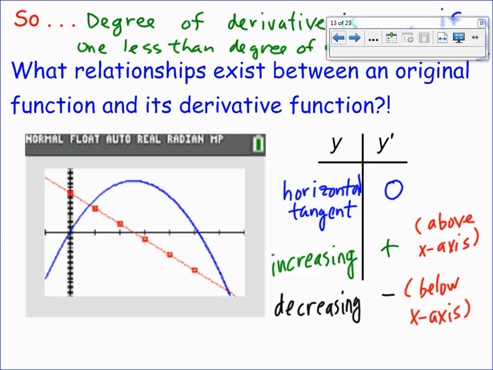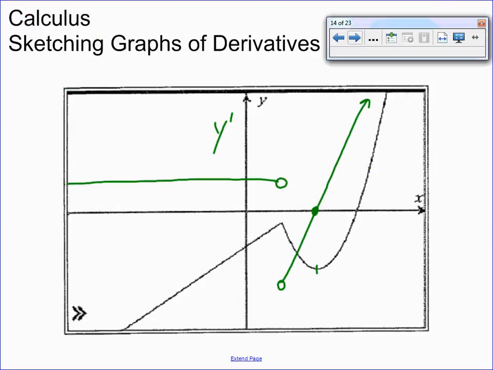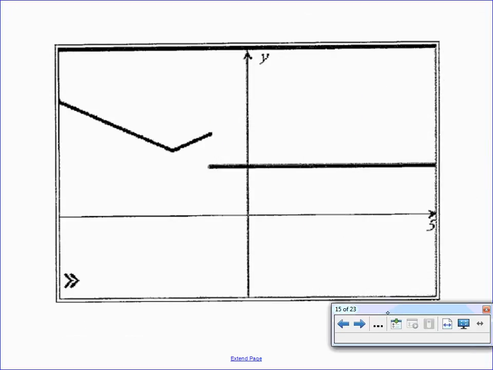I'll fill that in as a 0, an x-intercept on my y prime. When y exhibited increasing behavior, I'll have positive values above the x-axis on my y prime. When y is decreasing, we'll have negative values, or below the x-axis. When my original was quadratic, if we assume that this is quadratic, then we'll say my derivative is linear. And that's okay for assuming right now, so long as we're dealing with polynomials.